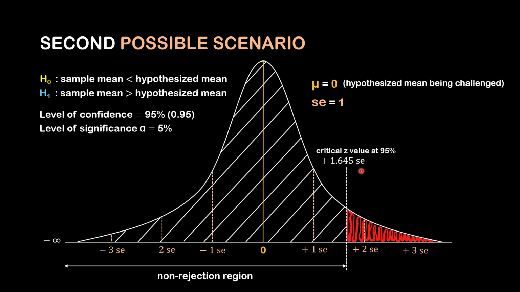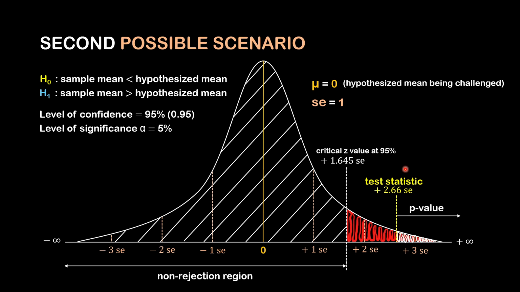Again, if our test statistic falls in the non-rejection region, in other words, if it's less than the critical z-value, we must assume that the null hypothesis is true. We fail to reject the null. And if our test statistic falls in the rejection region, we reject the null hypothesis.